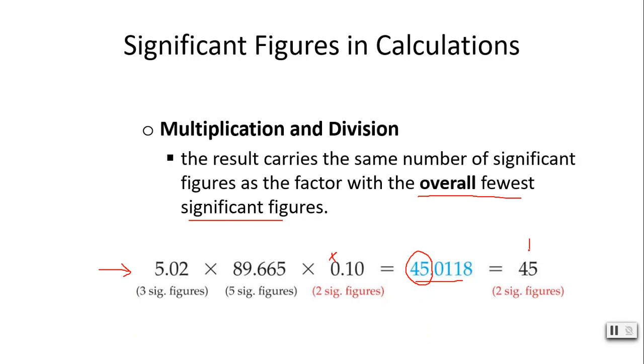So your final answer for this problem would be 45. Not 45.0, because you only want 2 sig figs, just 45. So that's the rule for multiplication and division. You want your final answer to have the same number of sig figs as your overall fewest in the equation.